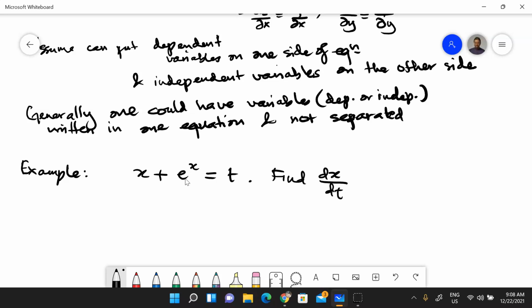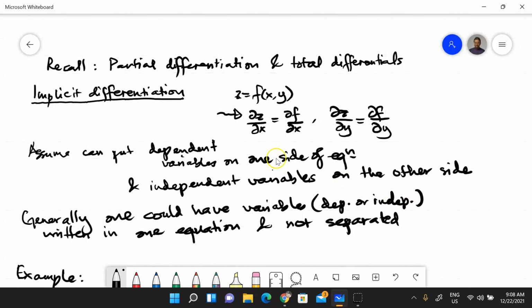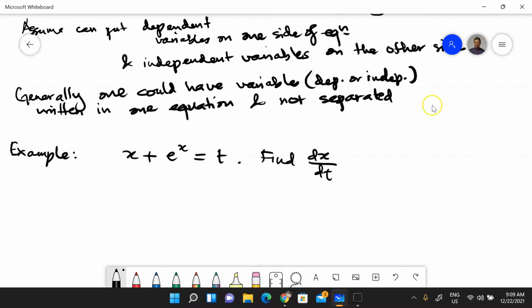Did I say that right? Okay, so let's just recall that. In this case, x and y are your independent variables, and z is your dependent variable, right? So here, when you write dx/dt, you're assuming that one could have written this as this kind of function. But now you don't have that.